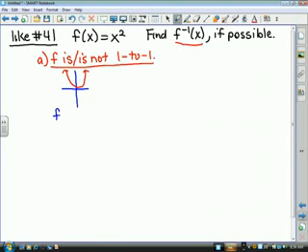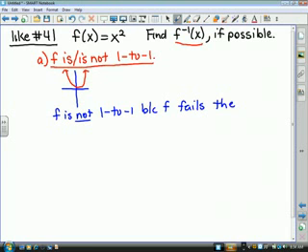So we're going to graph x squared, and what about it? It's not. So what you would say is f is not 1-to-1 because f fails the horizontal line test, right? And then what does that tell you?